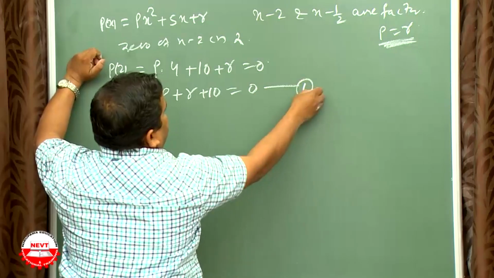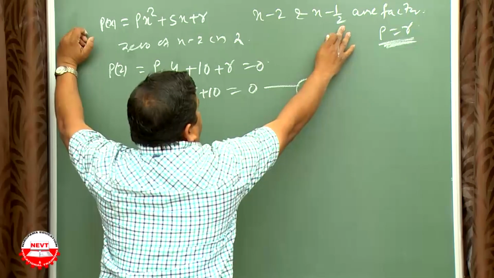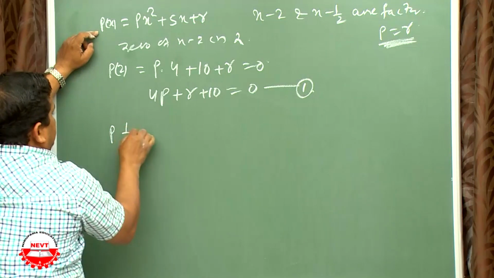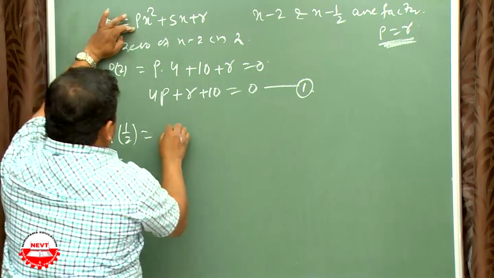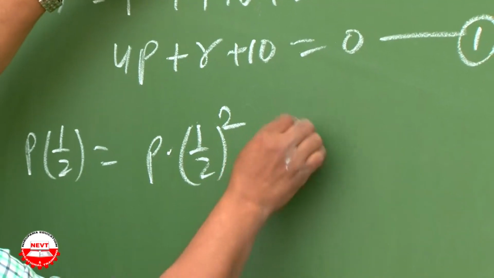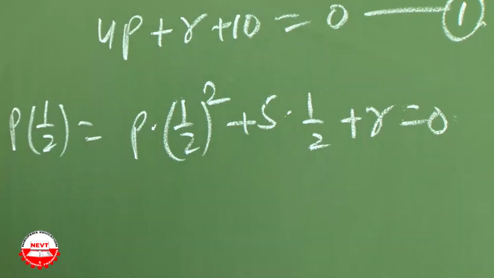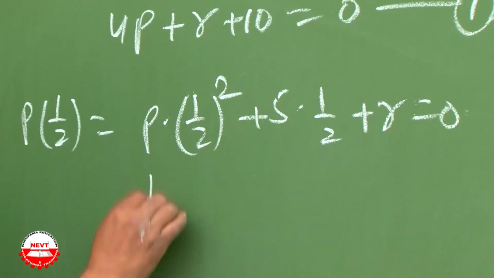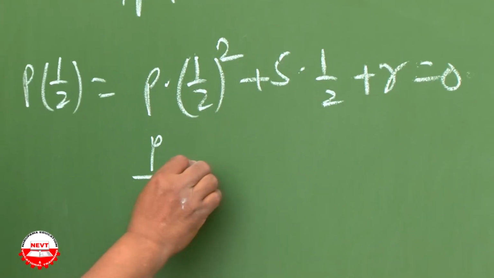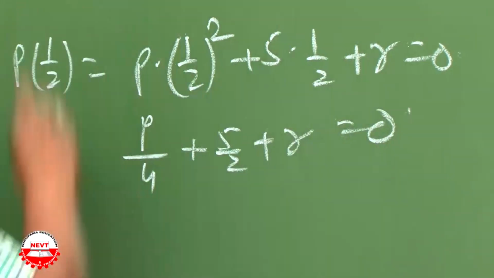This is equation 1. Then the zero of x minus 1 by 2 is 1 by 2, write down. So what is P(1 by 2)? p into 1 by 2 square plus 5 into 1 by 2 plus r is equal to 0. That means 1 by 2 square is 1 by 4. So p by 4 plus 5 by 2 plus r is equal to 0.